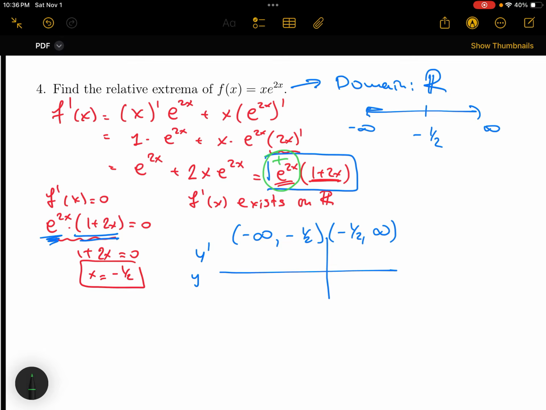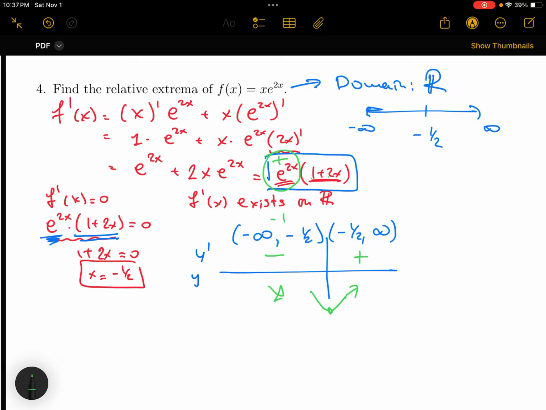So for all the values less than negative 1/2, say negative 1, 1 plus 2 times negative 1, that's 1 minus 2, so that's negative, which means the function is decreasing. Take 0: 1 plus 2 times 0 is 1 plus 0, which is positive, so the function is increasing.